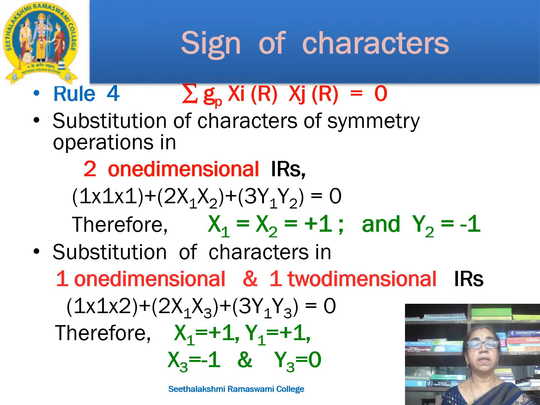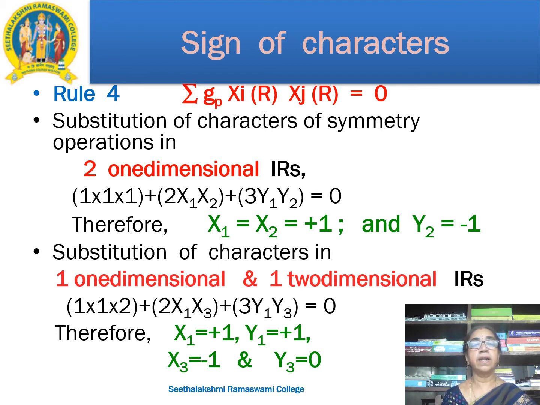Then the mathematical equation is 1 into 1 into 1 plus 2x1x2 plus 3y1y2. The total is equal to 0. In the first part, the first one gives the value of GP. The next one gives the character of the identity element in the first one-dimensional IR.